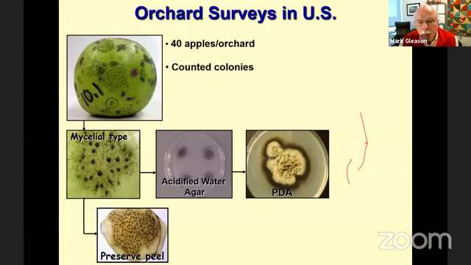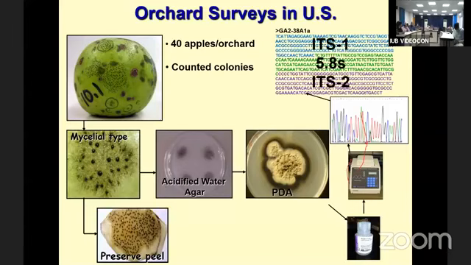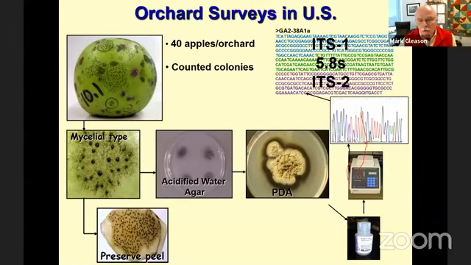And once we got some decent looking colonies on acidified water agar, we would go to potato dextrose agar, and then use molecular genetic techniques to amplify the ITS and LSU regions of ribosomal DNA and sequence them. And so we would sequence these characteristic regions.